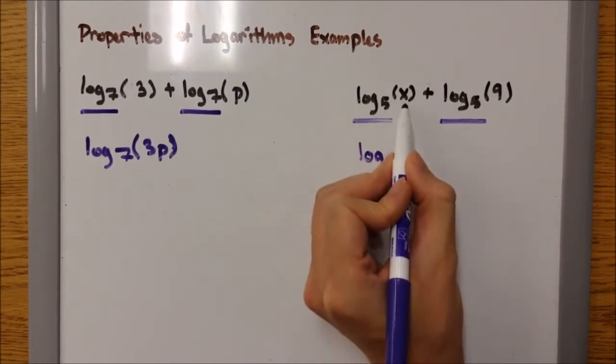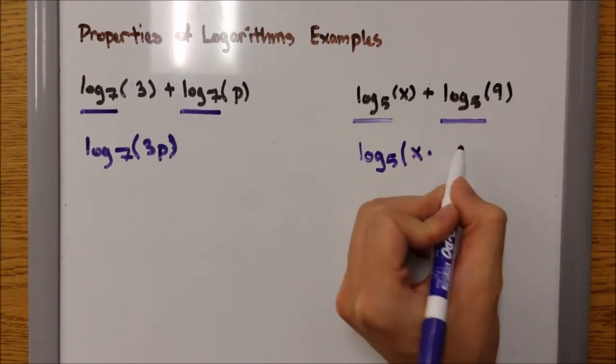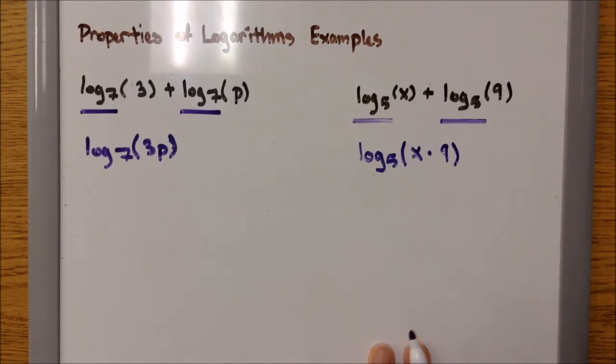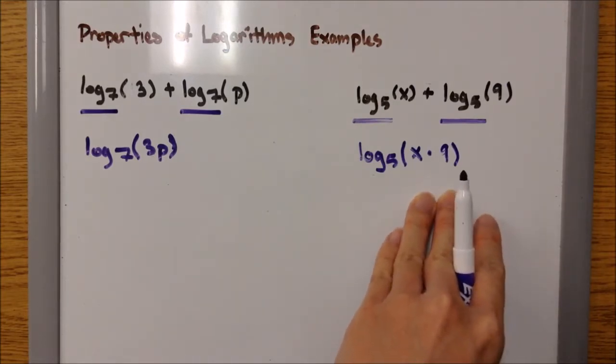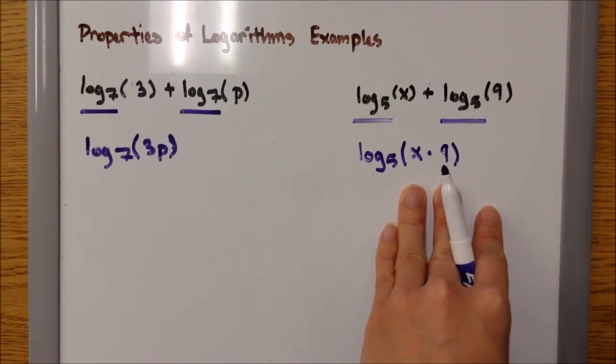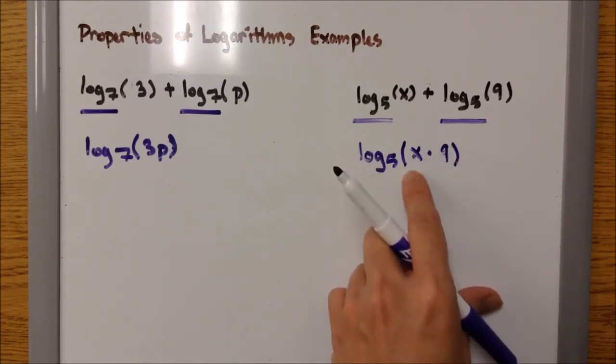Now, what came first is x, so I'm going to write x times, and then 9 is second. So when we have something like that, we can't just leave it like that. So just like how we did before in Algebra 1, Geometry, and Algebra 2, if it's x times 9, we usually have the number in front.